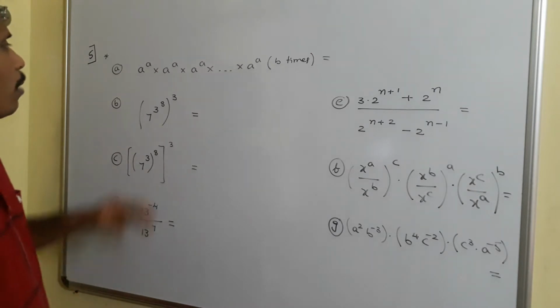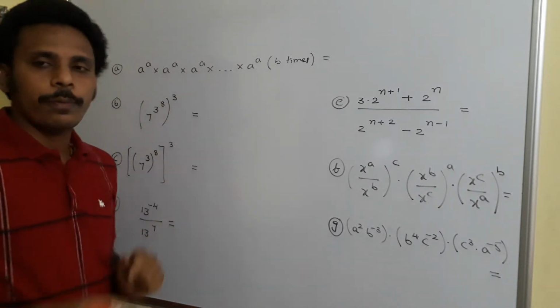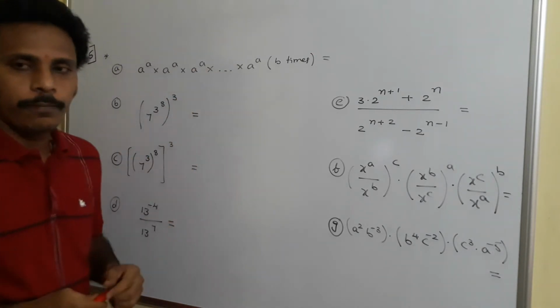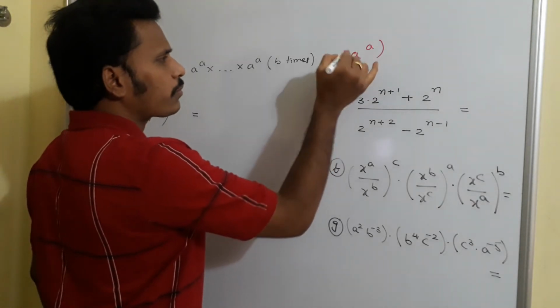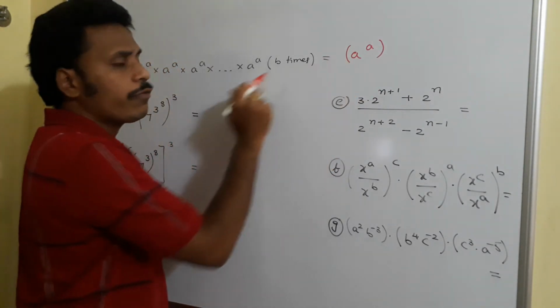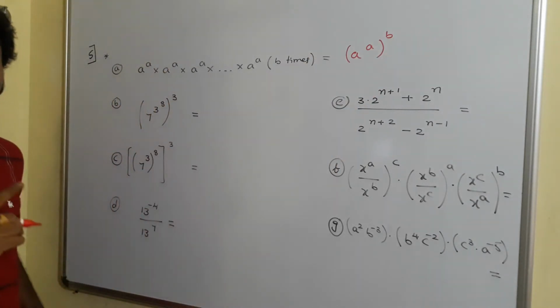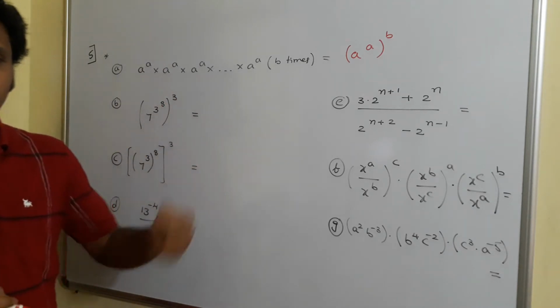For the first problem I mentioned, you need to multiply a power a, a power a, a power a, for b times. Here we are multiplying a power a. So the base of the answer is a power a and we are multiplying for b times, so the power is b. Always we need to identify base and power. Here the base is a power a and the power is b.